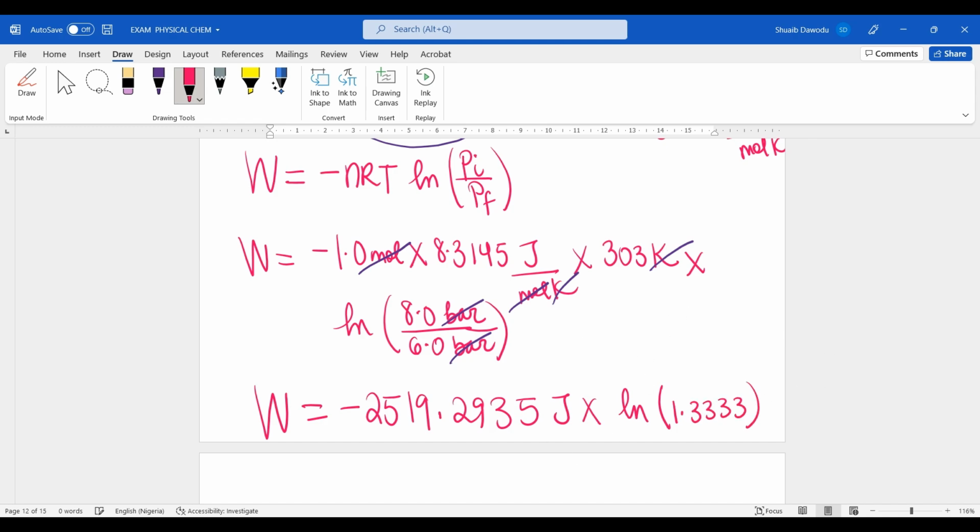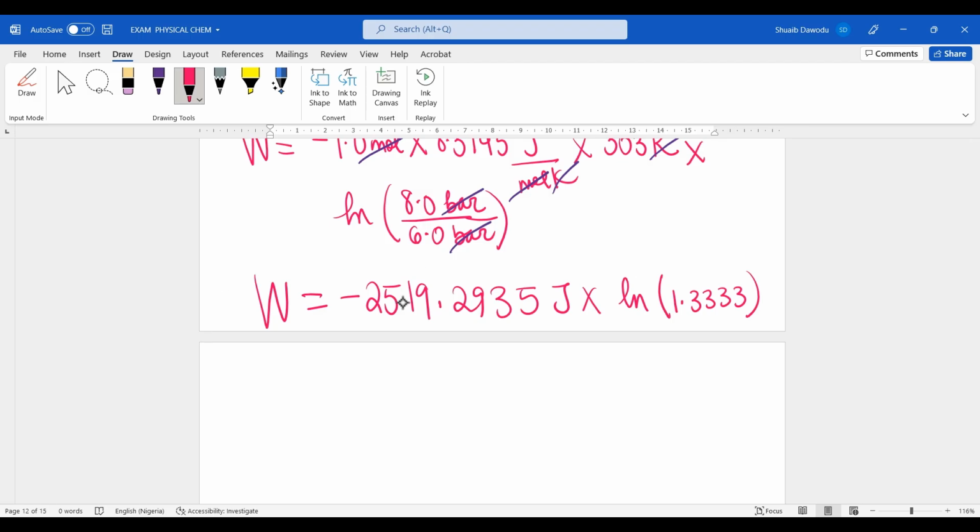So work done is negative 2519.2935 joules times ln 1.333. When you input that information in the calculator, you end up with negative 724.7493 joules.